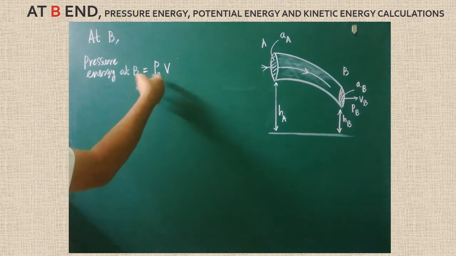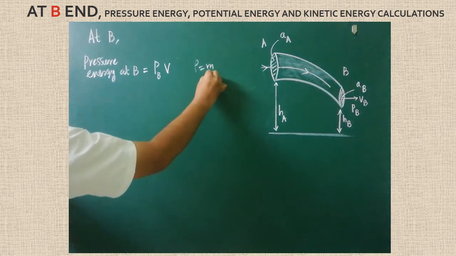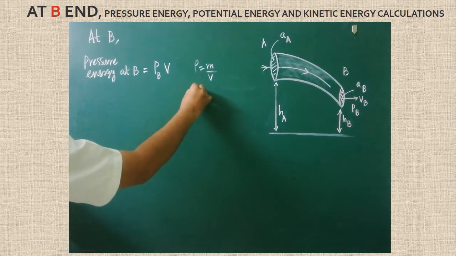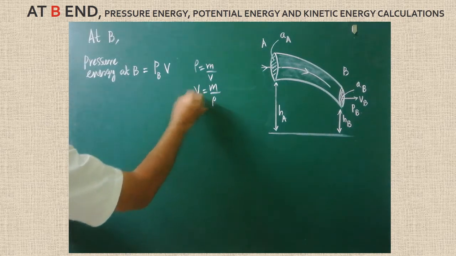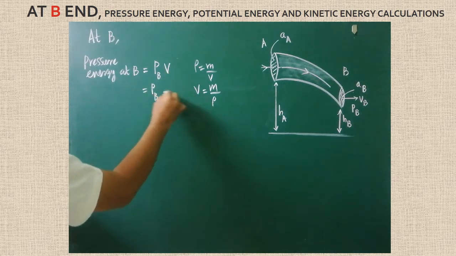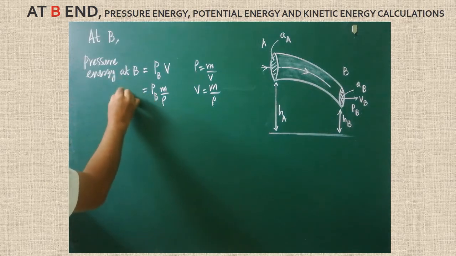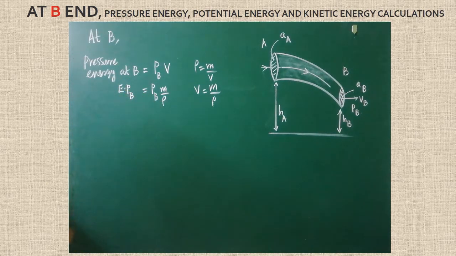The same thing can be written in some other form also. Density is equal to mass per volume. Volume is equal to mass per rho, mass per density. Therefore, PB, instead of V substitute M by rho. This is the pressure energy. So we can write it as EPB. What is EPB? Pressure energy at B. So first thing is calculated.